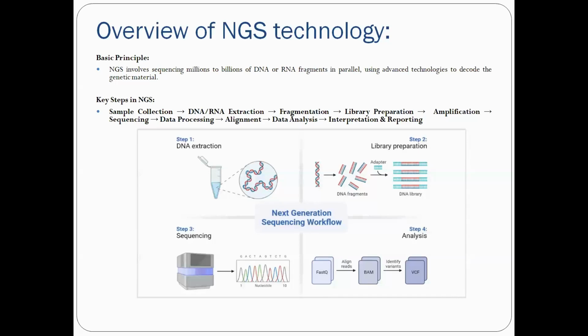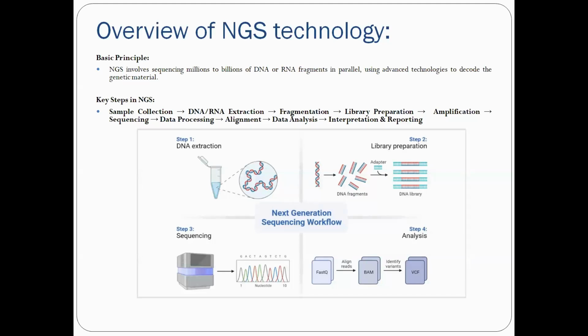Then the sequencing is done, and any type of platform or machine can be used, for example Illumina, Ion Torrent by Thermo Fisher, or Oxford Nanopore technology. After sequencing we finally get the sequencing data, but this data is not readily available for analysis. It contains a lot of undesired sequences which need to be trimmed.